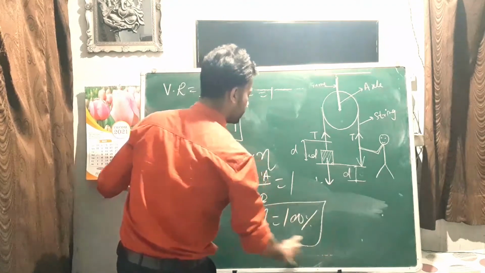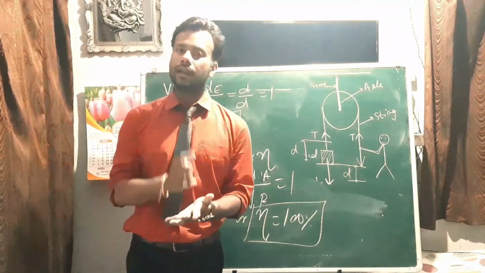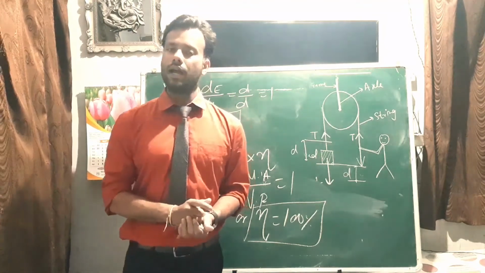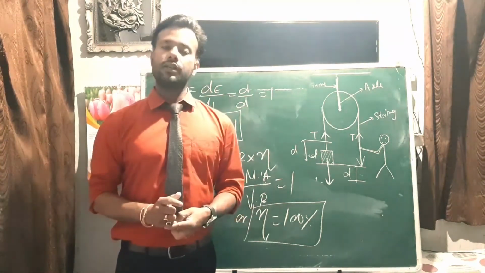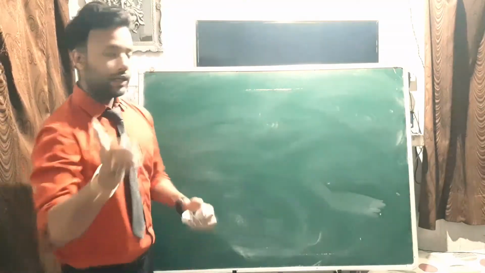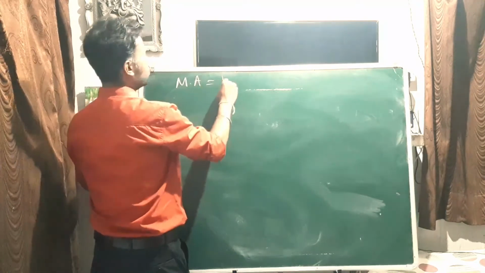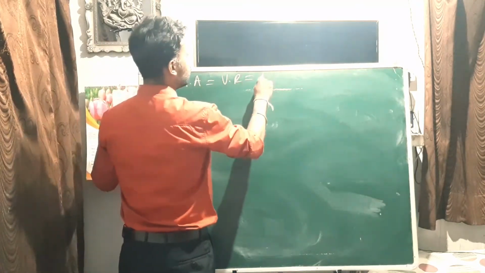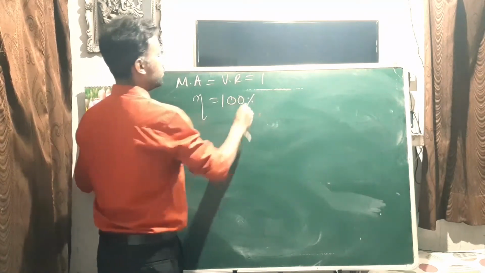So these are the values of mechanical advantage, velocity ratio, and efficiency of the single fixed pulley. The mechanical advantage equals velocity ratio equals 1, and the efficiency is 100%.